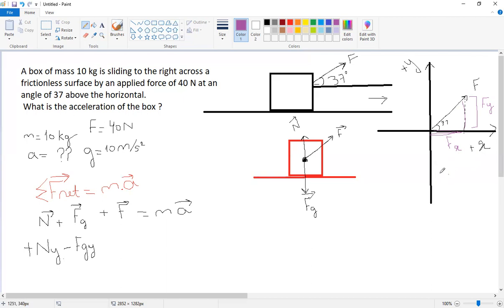So cosine theta is the adjacent over hypotenuse. Adjacent side means it's the side next to the angle, which is Fx.